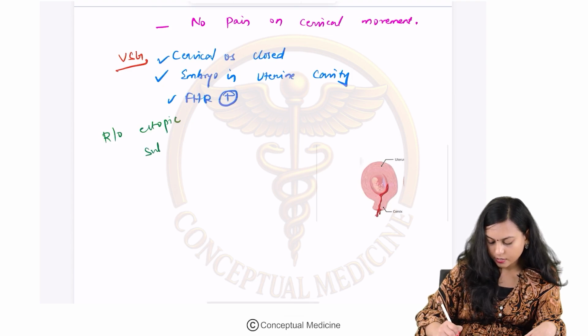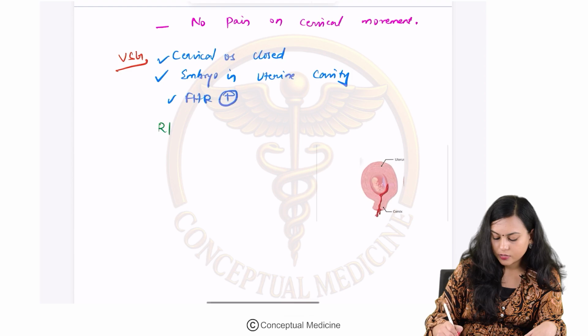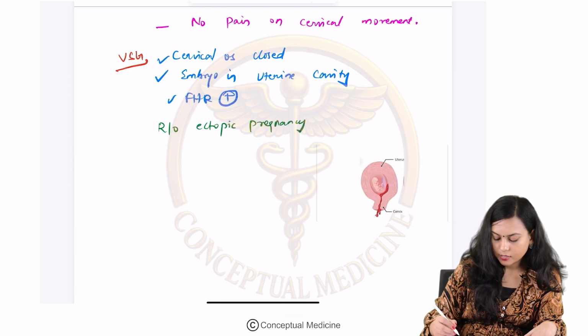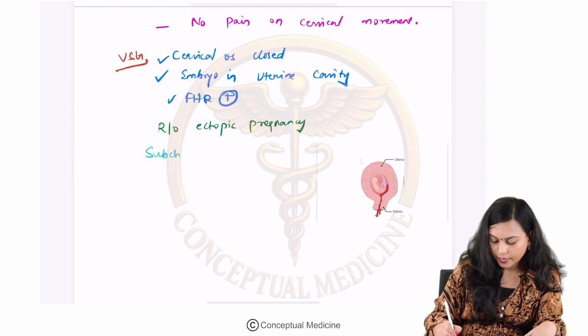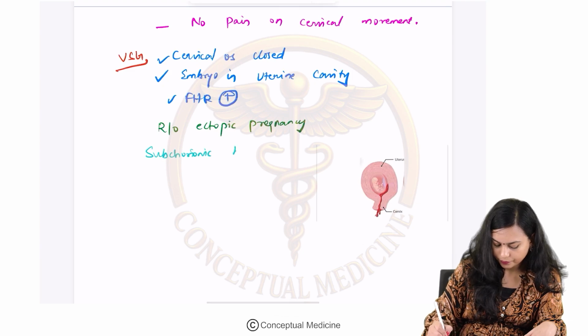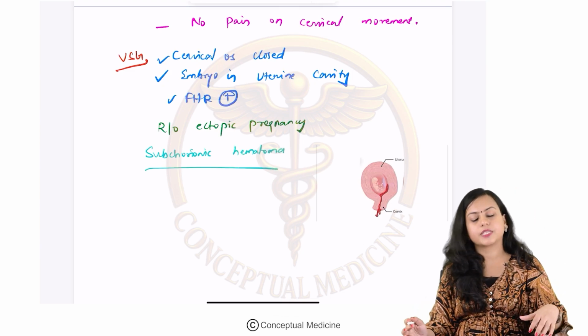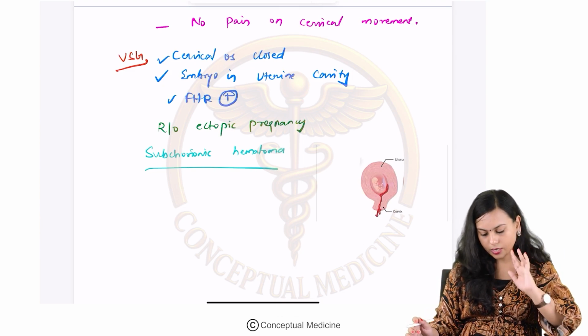But remember, when this happens, you have to rule out ectopic pregnancy, and in some cases, you will find subchorionic hematoma. However, this is not going to increase the miscarriage risk.